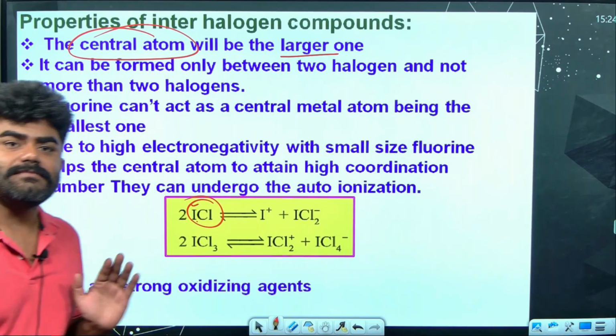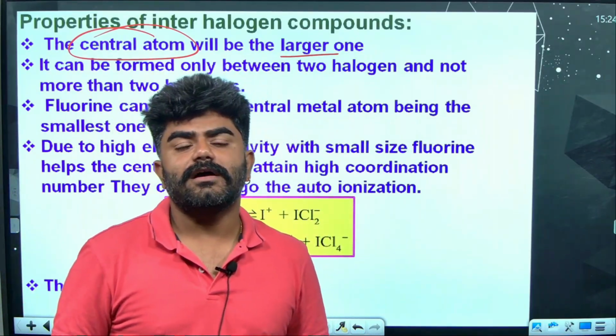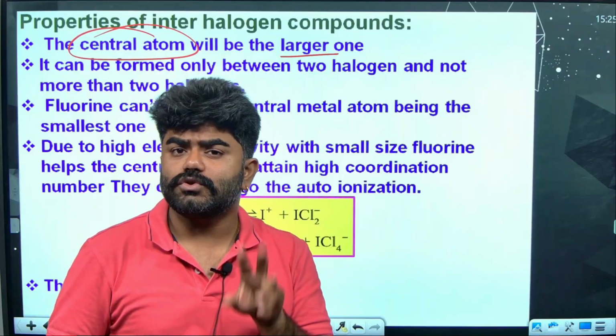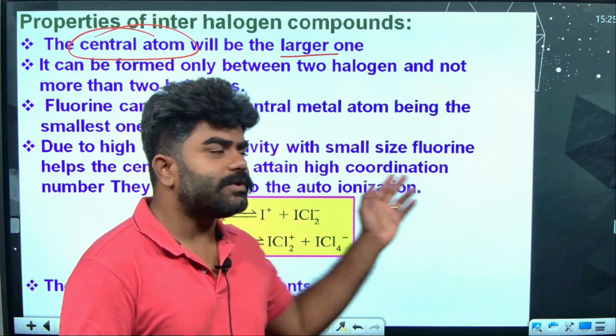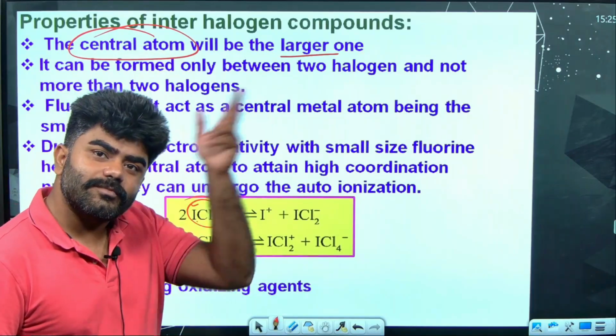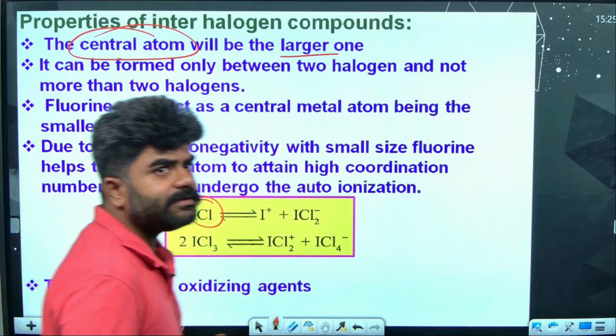And always remember that ஒரு halogen family-ல interhalogen compound form பண்ணுது அப்படின்னா only any 2 halogens can react and form the interhalogen compounds, not more than 2 halogens. இப்போ அயோடினும் குளோரினும் react பண்ணி interhalogen compound form பண்ணலாம். பட் அயோடின், குளோரின், புரோமின் மூணும் react பண்ணி ஒரு interhalogen compound form பண்ண முடியாது, ஓகே.